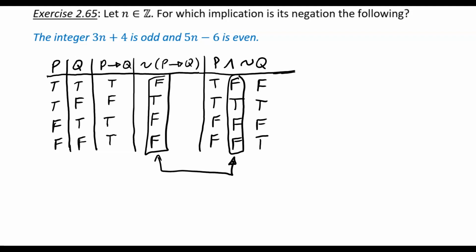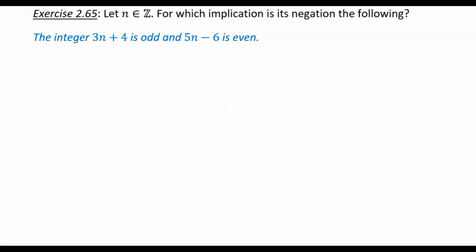We will now go on and work on exercise 2.65. Let n be an integer. For which implication is the following its negation? In other words, they're giving us the negation of a statement and they want us to find the original statement, which they say is an implication statement.